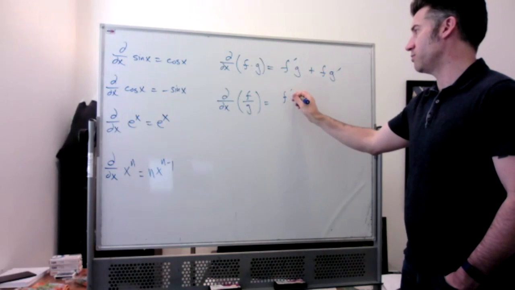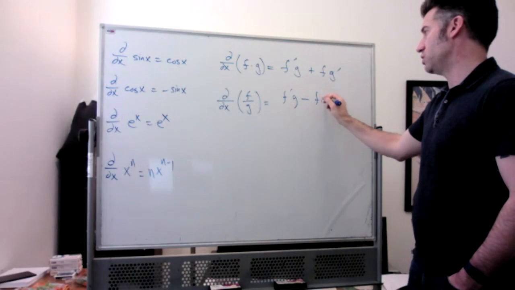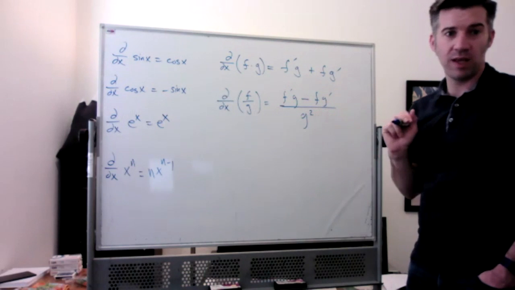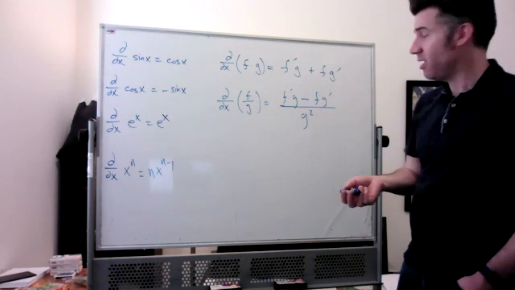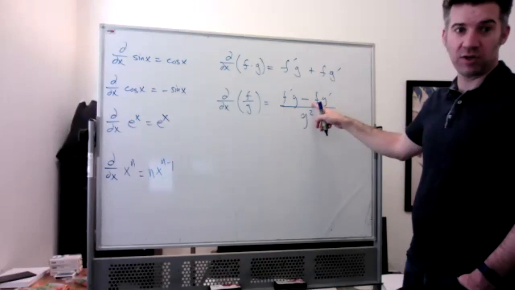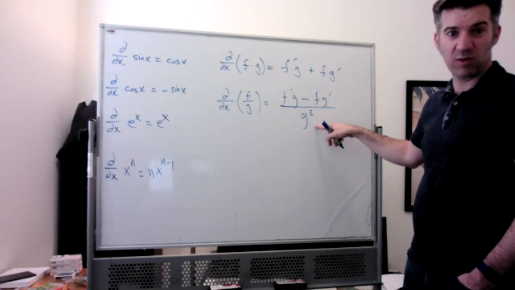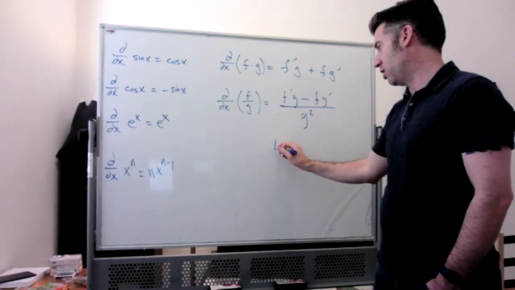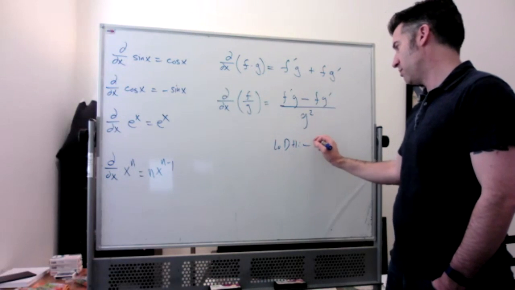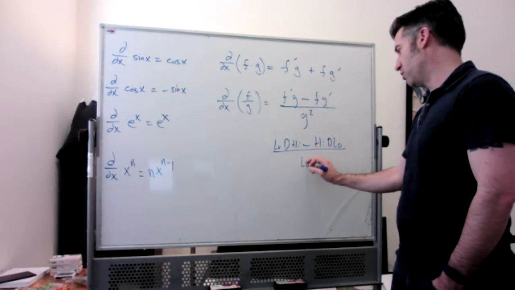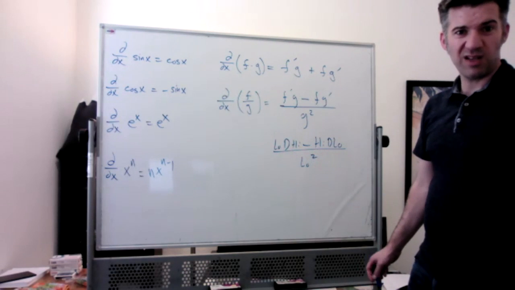It's f prime g minus f g prime all over g squared. I usually say this in my head as the bottom function times the derivative of the top minus the top function times the derivative of the bottom all over the bottom squared. Some people say this other thing where they say it's low d high minus high d low all over low squared. So let's do some practice.